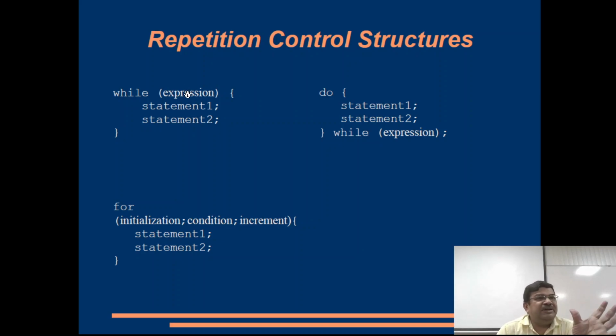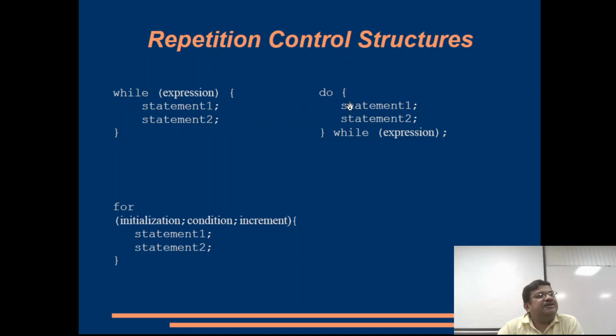So it can be any integer expression also, right? If that integer expression evaluates to a non-zero value, that will be treated as true, and these statements will be executed. If that integer expression evaluates to 0, they will be omitted.